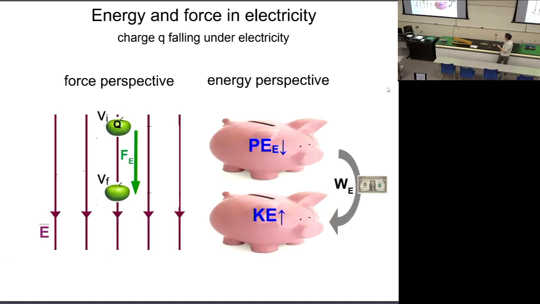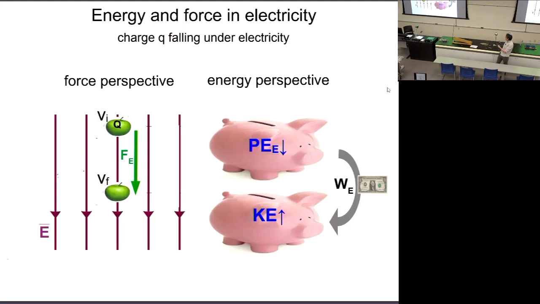Here's the energy perspective. In the energy perspective for our charge in motion under the electrical force, we have two types of energy again, like the gravitational case. We have a potential energy. This is electrical potential energy, so it's got the subscript E on it. We also have motion, so we've got kinetic energy, this brand of energy associated with movement.